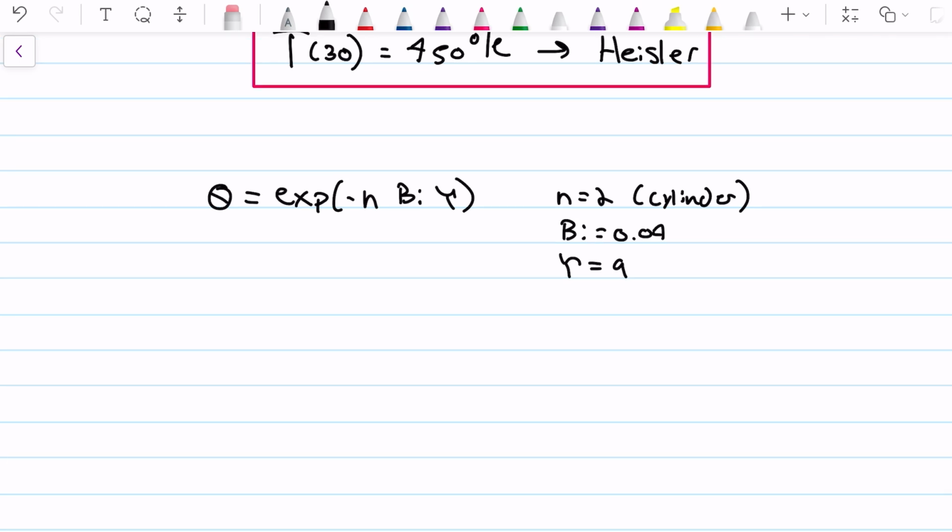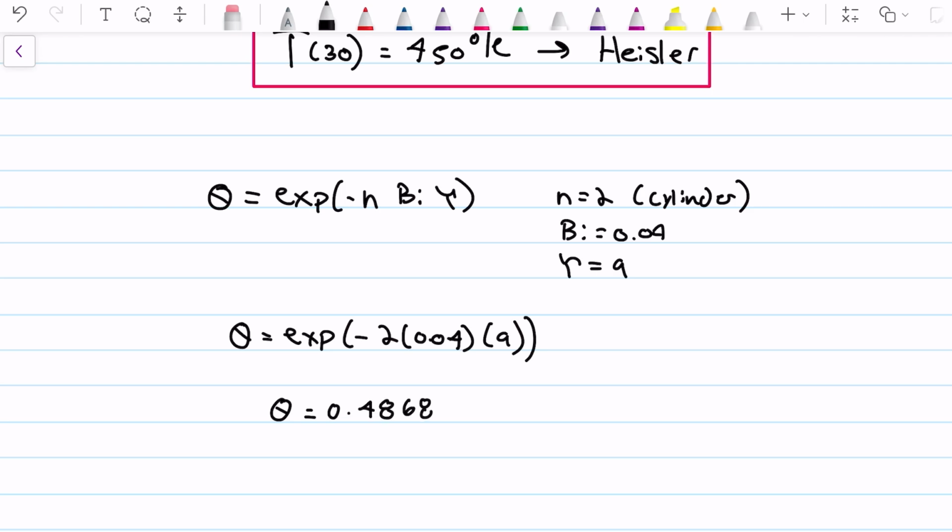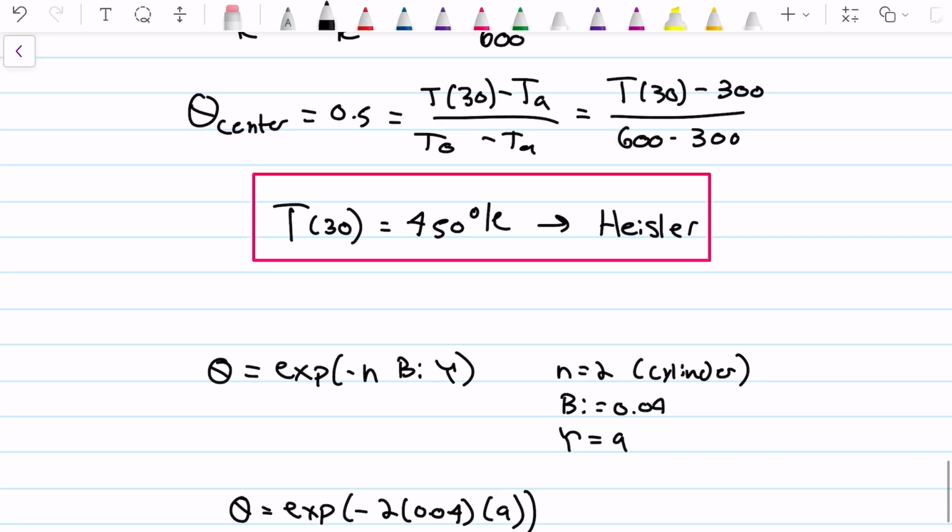So let's throw this in. Theta equals the exponential of negative 2 times 0.04 times 9. Throw that into the calculator: 9 times 0.04 times negative 2, take the exponential of that, and we get that theta equals 0.4868.